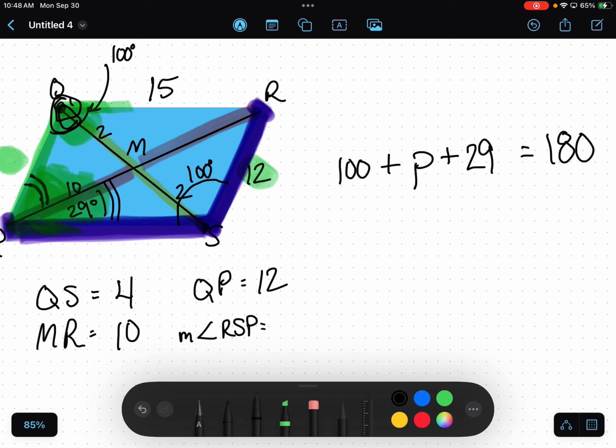So we're going to find a little chunk. First thing I'm going to do is combine these like terms. What's 100 plus 29? And then what would I do to just get P? Perfect, Colby.